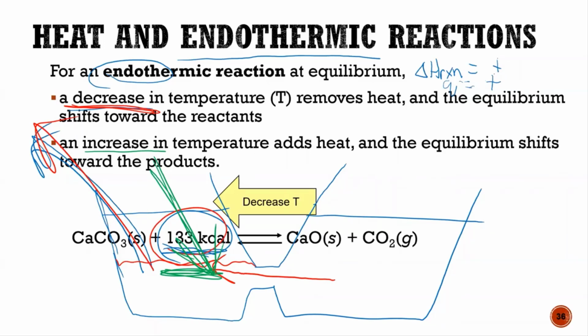If it's an endothermic reaction that requires heat energy, and I increase the heat, what's going to be preferred, the forward or the reverse? I'm pouring water on this side. It's going to flow that way.